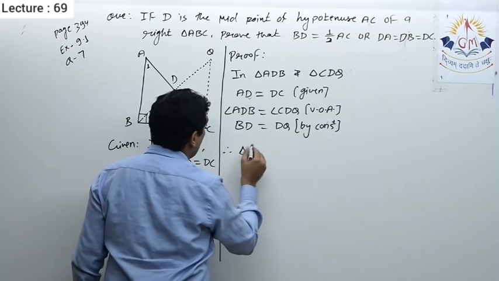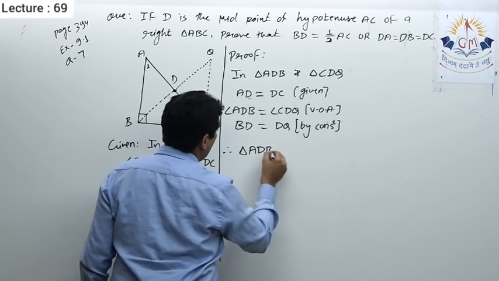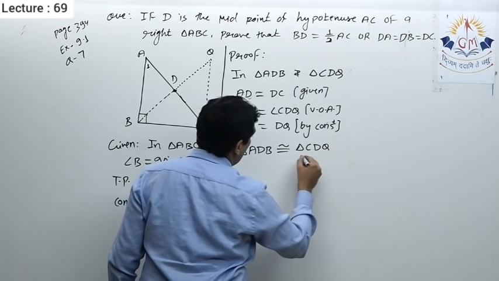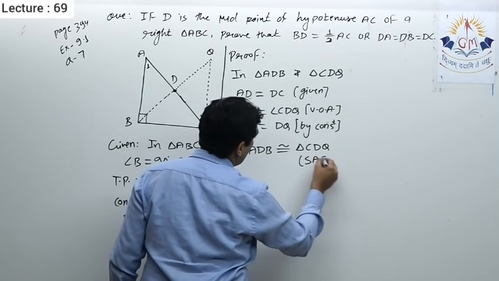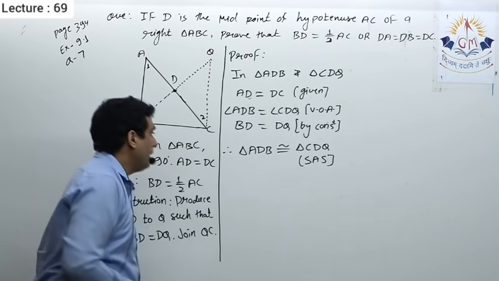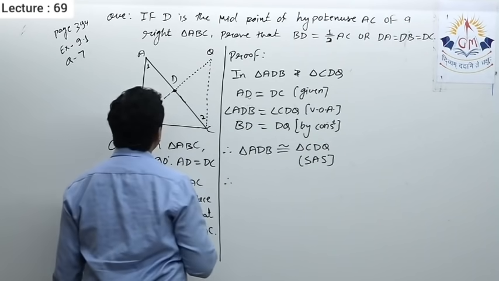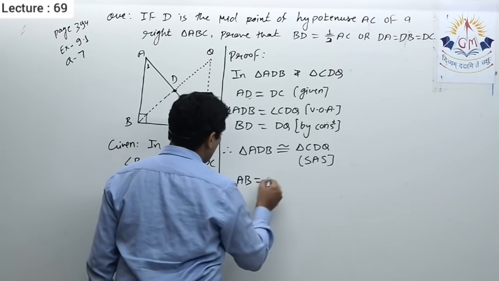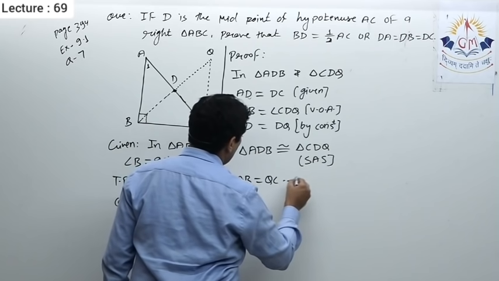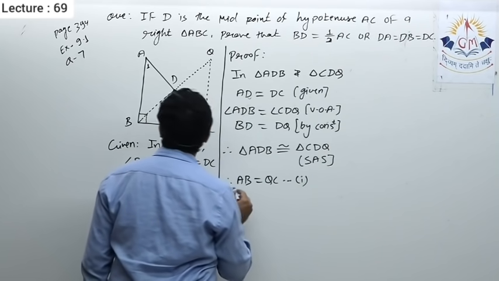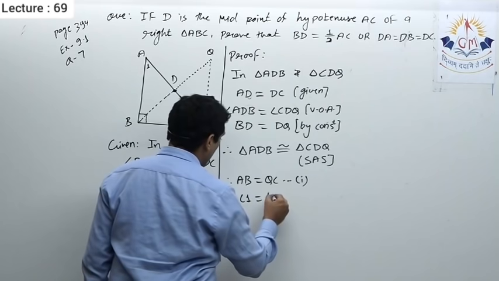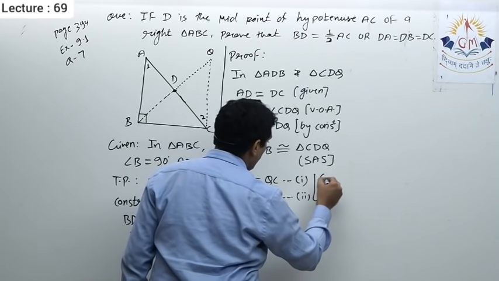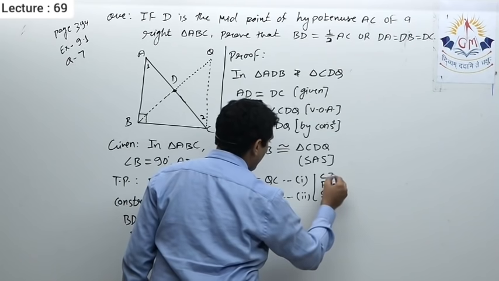Therefore I can say triangle ADB is congruent to triangle CDQ by side angle side. Okay, as soon as the triangles are congruent, I'll say AB equal to QC, and I will say angle 1 is equal to angle 2. Reason for these two is CPCT.